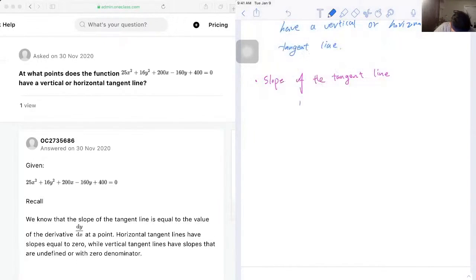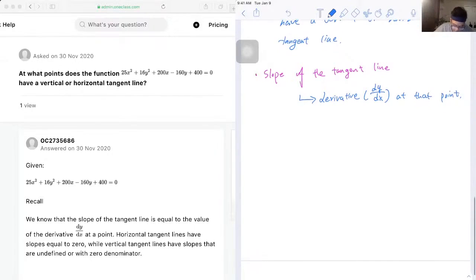So that is equal to the derivative, or we use dy dx to represent as well, the derivative at that point.